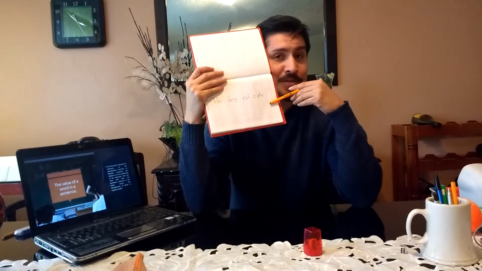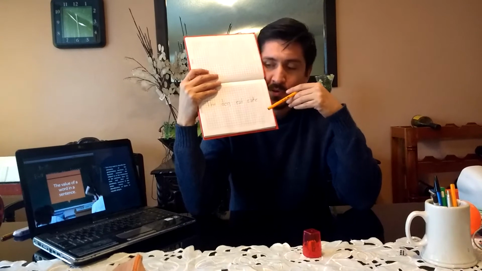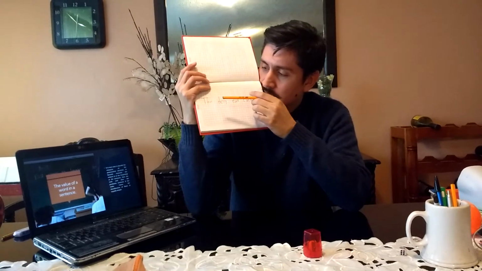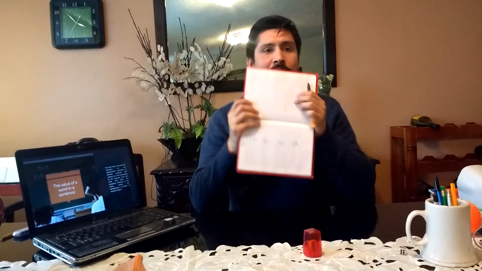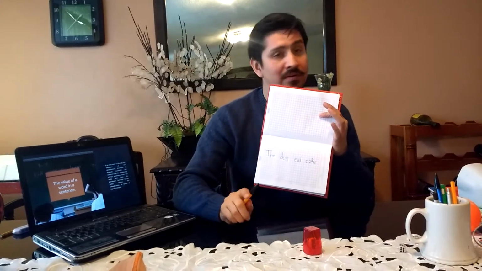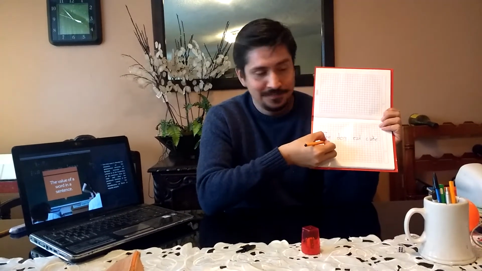So if you got this, you just need to try to understand what does each word mean. It is easy and very important if you want to get the grammar. So the value of each word, it is like Spanish, you know.